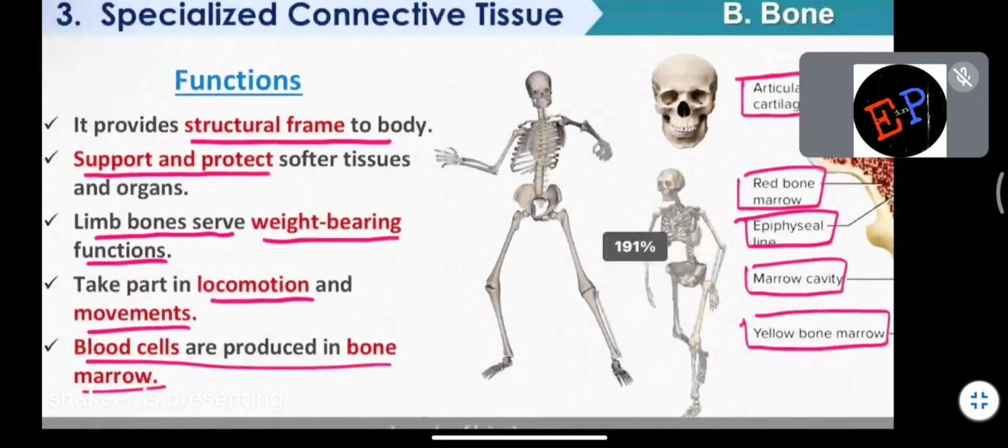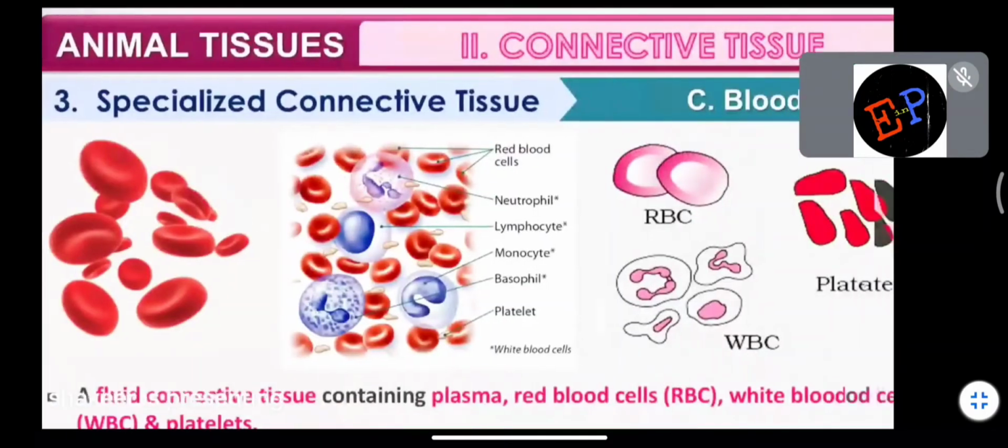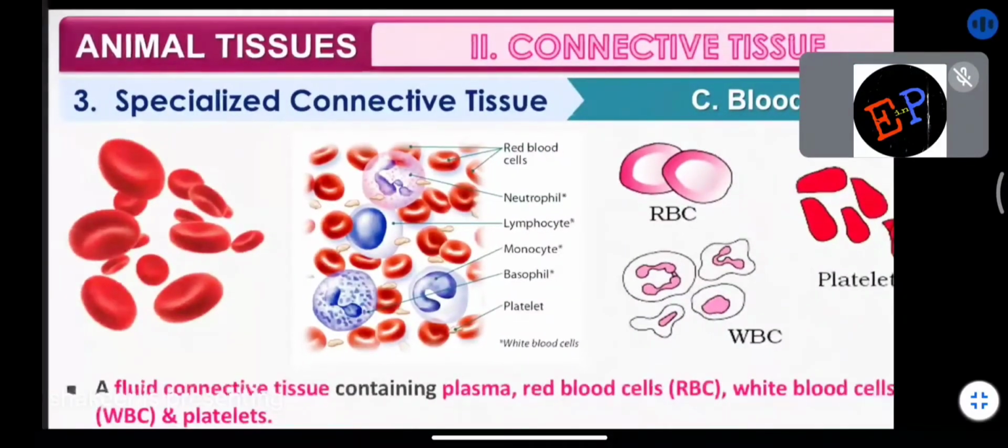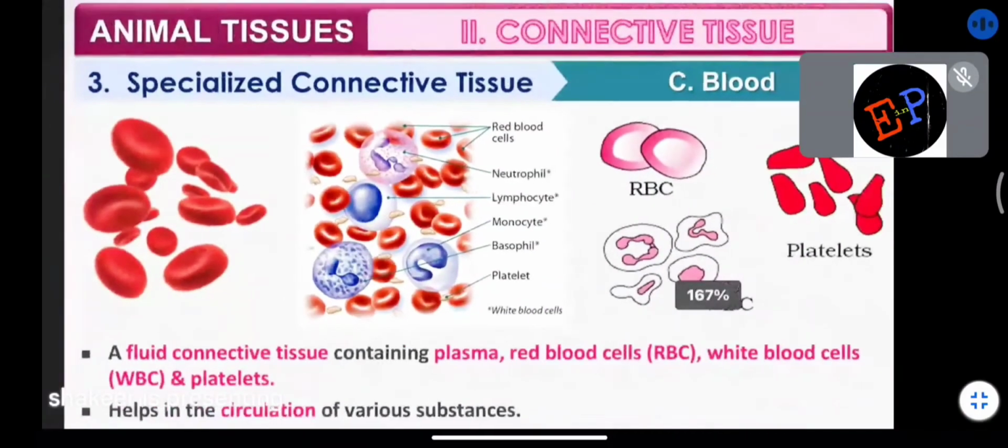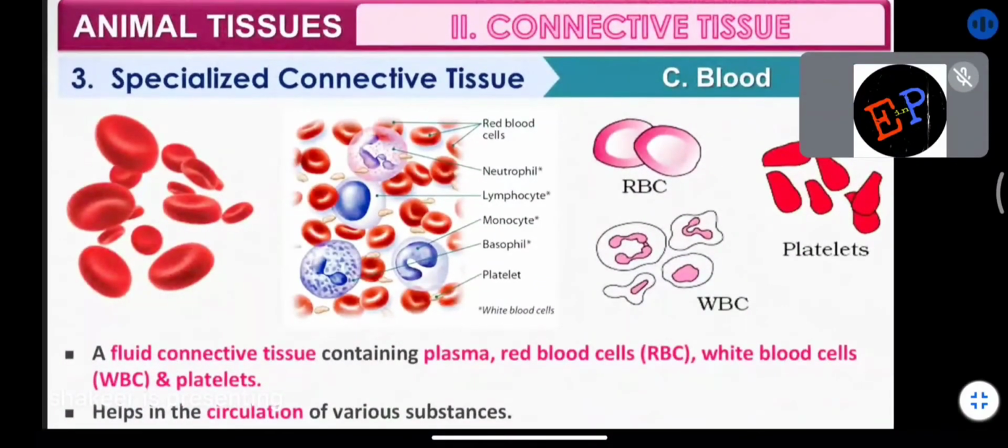Clear? Okay. So next we study the next connective tissues, which are called specialized connective tissues. In the same specialized connective tissues we are studying about blood. So a fluid connective tissue containing plasma, red blood cells, white blood cells and platelets. All this combined you can call blood.